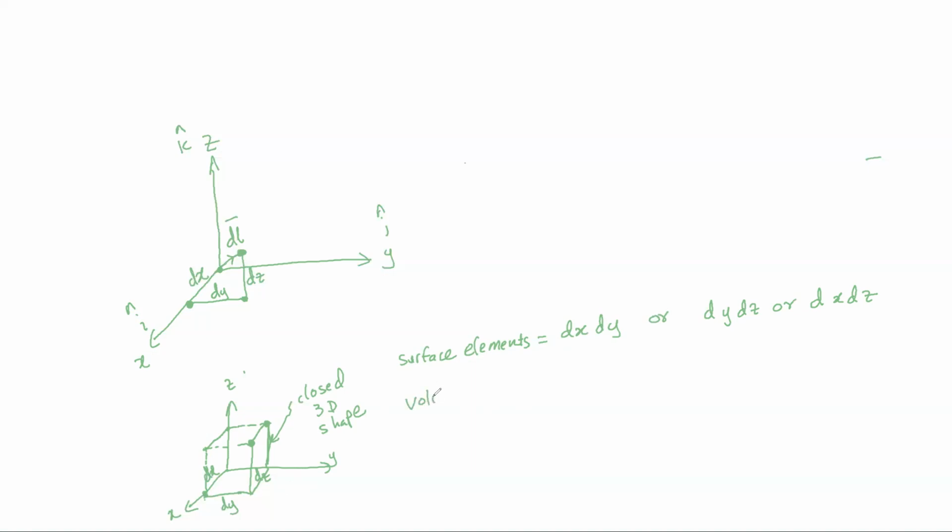Then volume element we can take as the product of all the perpendicular elements of the line element, right? So in the definition, we have defined that surface element is the product of perpendicular elements of the line element. So these are the perpendicular components of the line element, and we have taken the product between two of those components.